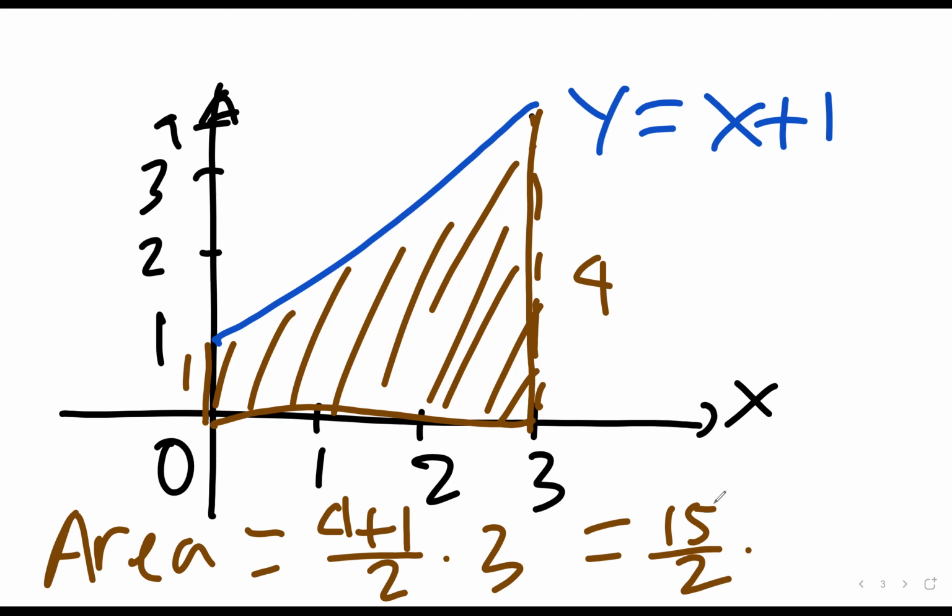So we have considered a constant function and a linear function, and calculated the area under the curve. It's easy because we can just calculate it by the formula for a rectangle or trapezoid.